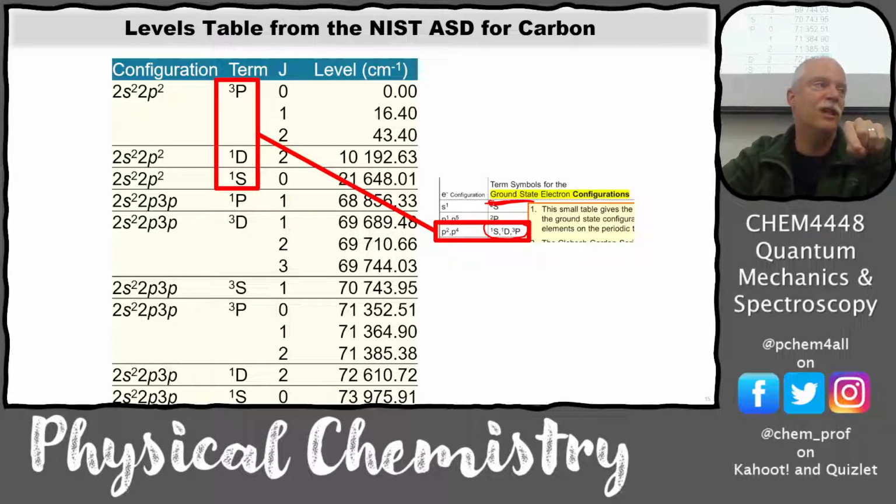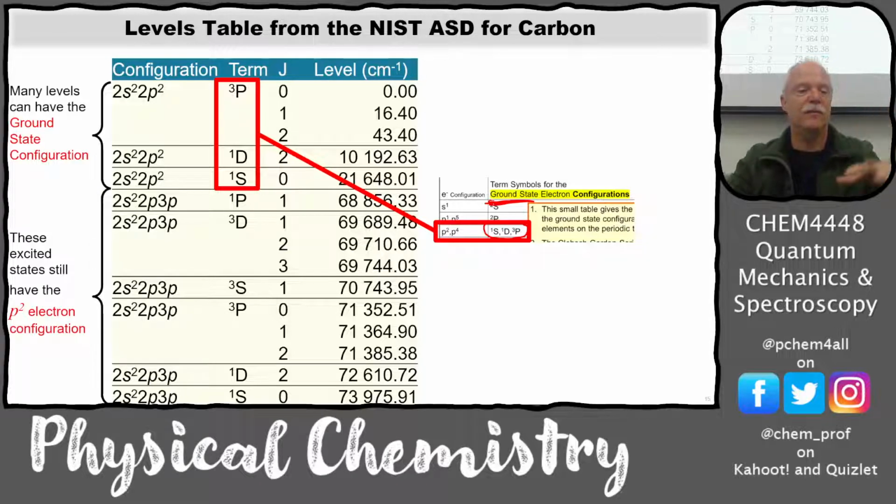We have those three terms: the triplet P, the singlet D, and the singlet S. But when we allow that electron to go up to the 3p and so on, we get all these others. Those are still p2 systems. It's just that one electron is in a different shell than the other. That allows some decoupling of the electrons without violating the Pauli exclusion principle.